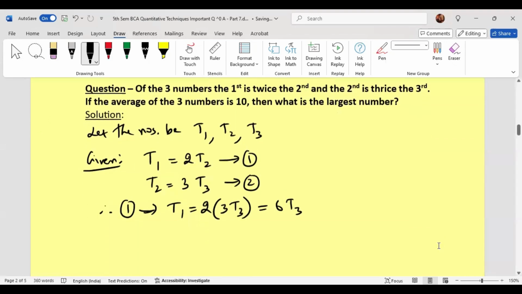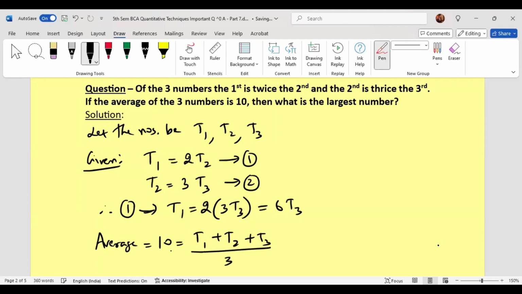Now, the average of these three numbers is given as 10. Average is the sum of the numbers divided by the number of numbers, which is 3. Cross multiplying, we get 30 is equal to T1 plus T2 plus T3.